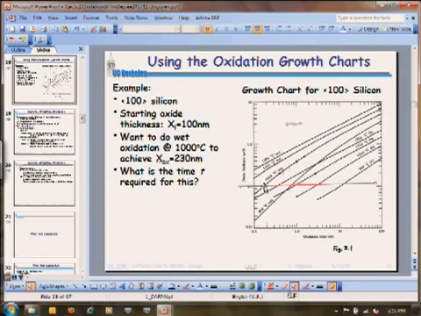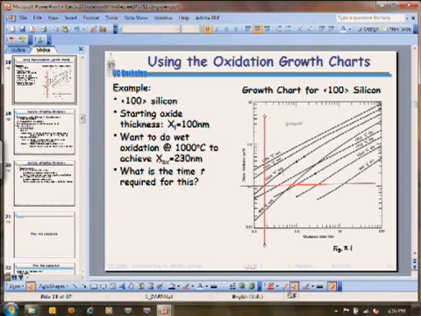Okay, and so the amount of time required to grow that initial 0.1 microns or 100 nanometers of oxide is this amount of time, which is about 0.18 hours. 0.18 hours of time was required to get that amount of oxide.